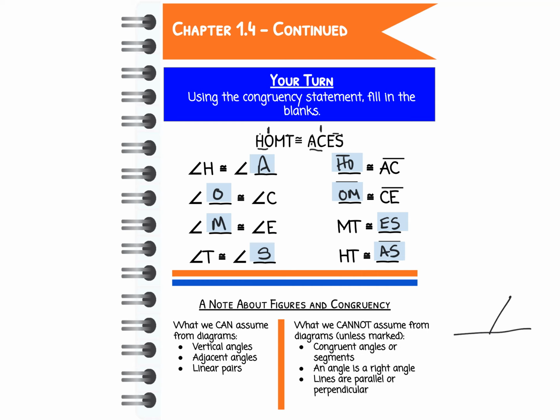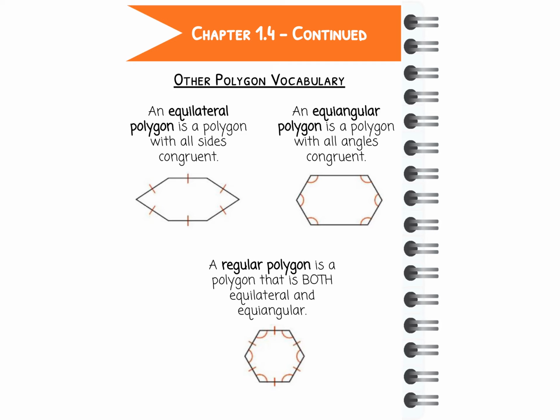Oh, I'm sorry, a couple other vocabulary words here. Some of these words you've probably heard of in terms of triangles, but this actually applies to all polygons. So an equilateral polygon, lateral means side, means that all sides are the same length. An equiangular polygon means it has all congruent angles.